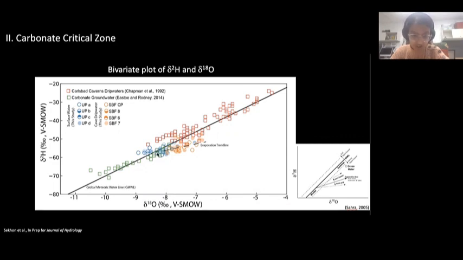And what you actually notice is that the cave drip waters are a lot more evaporatively enriched compared to surface waters, which indicates that there is superficial evaporation happening before the water reaches the cave drip site. So from the source all the way to the sink, there is quantitatively evaporation in the system in the semi-arid setting.